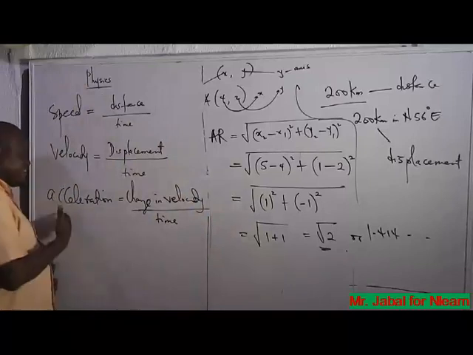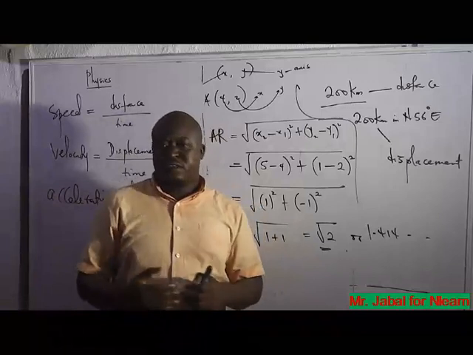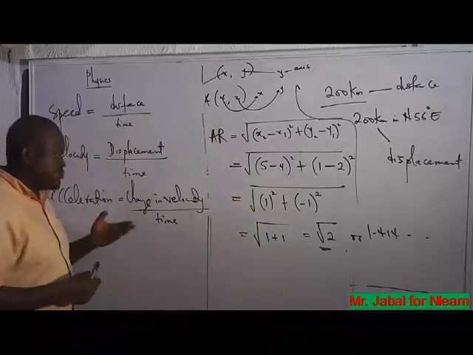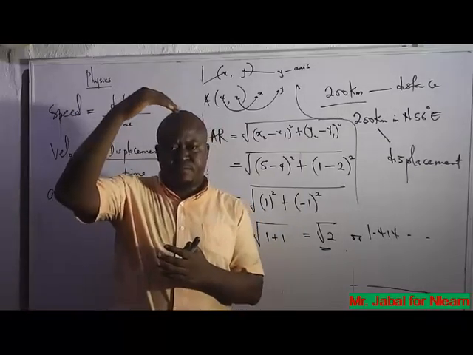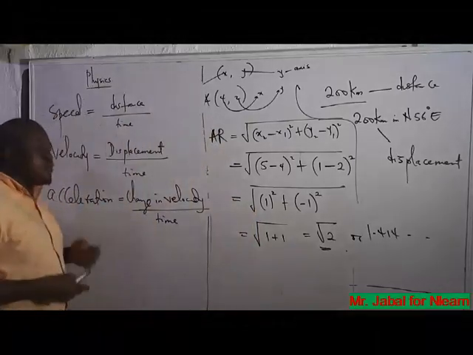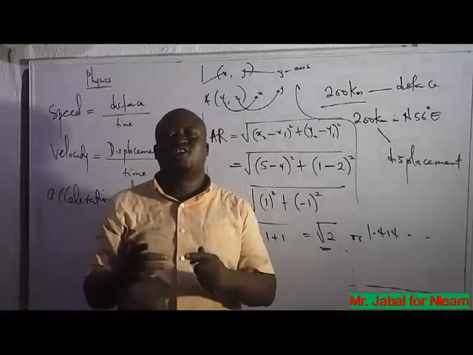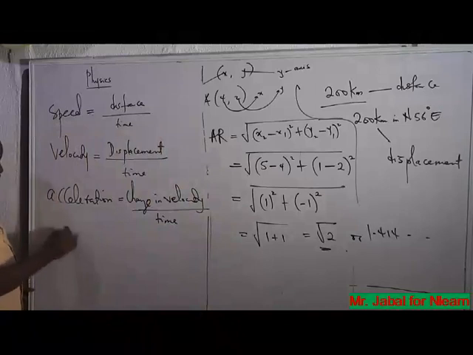But acceleration works both ways. When the velocity of a body is increasing with time, it is acceleration. But when the velocity is decreasing with time, it is called retardation.